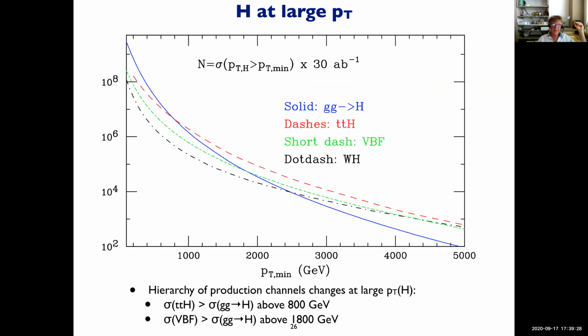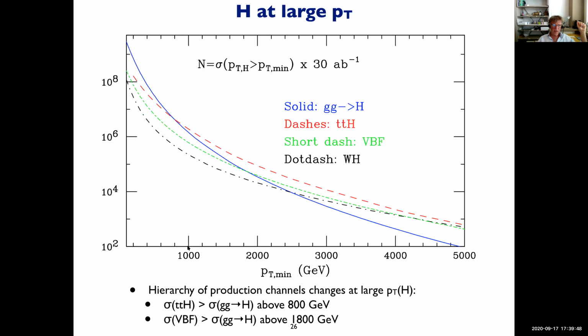If we go to the next slide, this is the total number of events expected at 100 TeV during the lifetime of the experiments. This is the total number of events of Higgs produced with a PT of a Higgs larger than a given threshold.